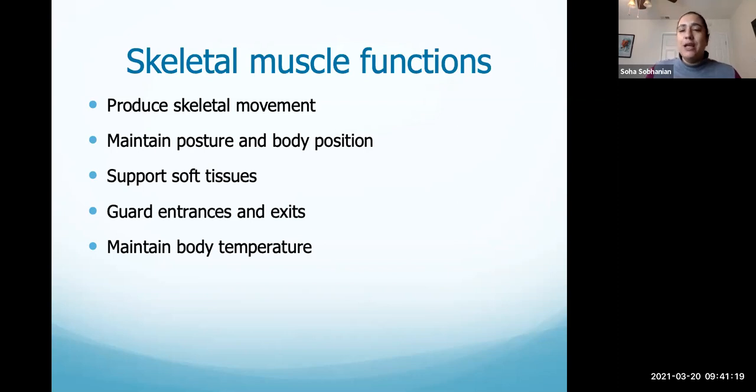Some of them are actually made up of smooth muscle, which we can't control. But the ones that we can control are found at the end of the digestive tract and at the end of the urinary system. So you have an anal sphincter and a urethral sphincter, and both of these control when you decide to poop or pee.